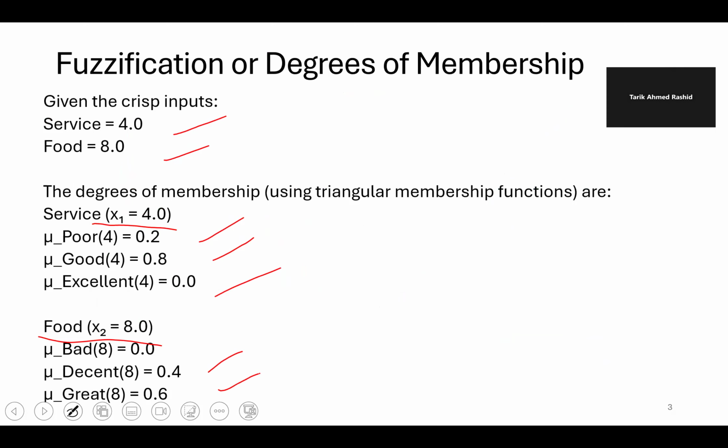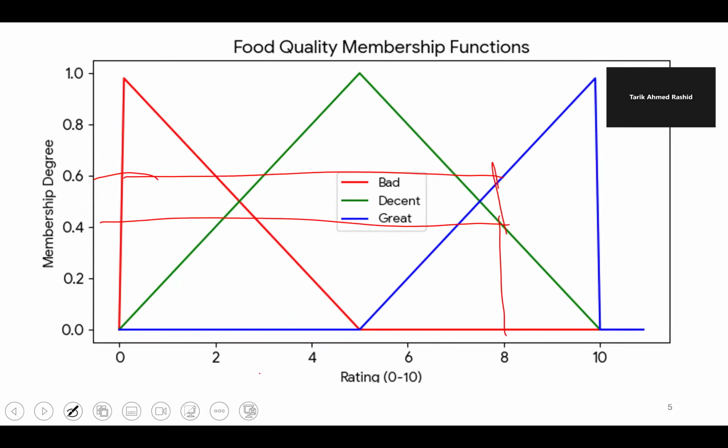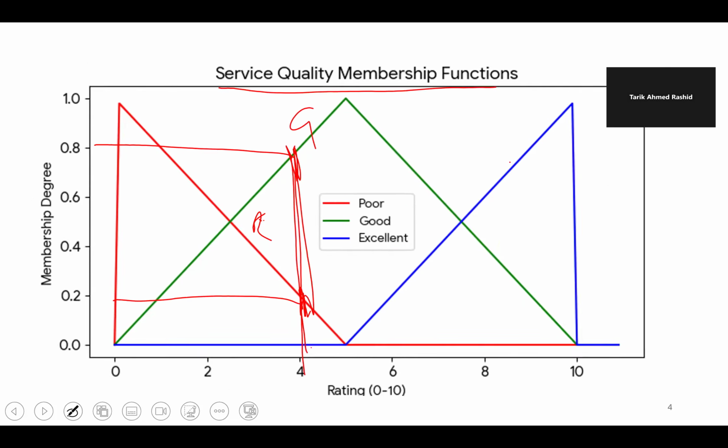But we didn't hit the bad, which is red. When you project from here, it just hits these two lines and doesn't hit the red one. That's why I gave 0 there.